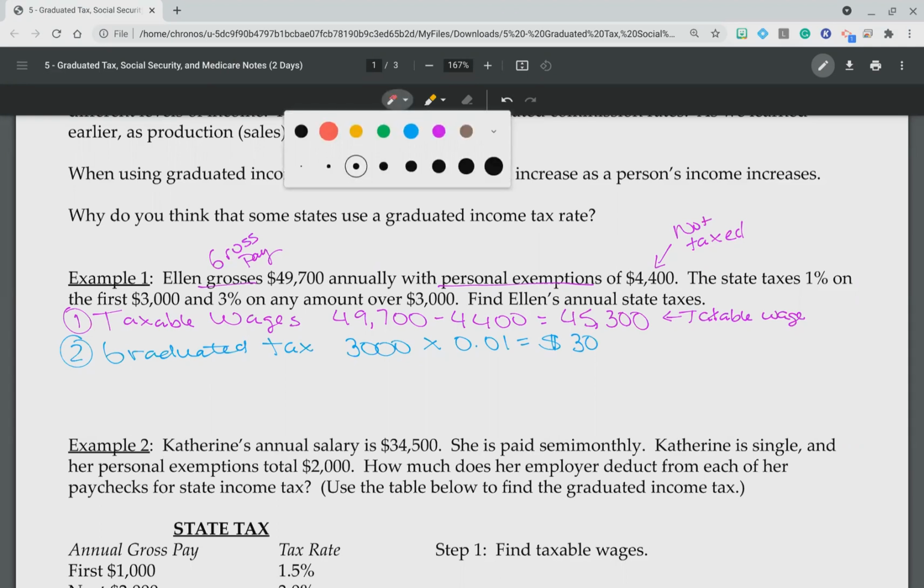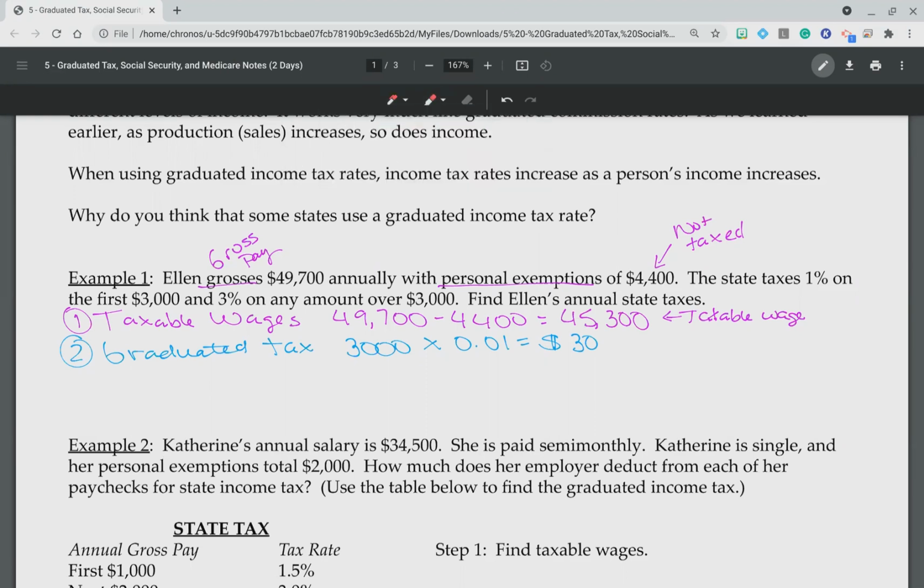Okay, I'm going to do this next part in red because this is where we struggled with our graduated commission. 3% on anything over 3,000. Okay, so we're not taking 3% times 3,000. It's everything over 3,000. So we need to figure out how much over 3,000 Ellen made.